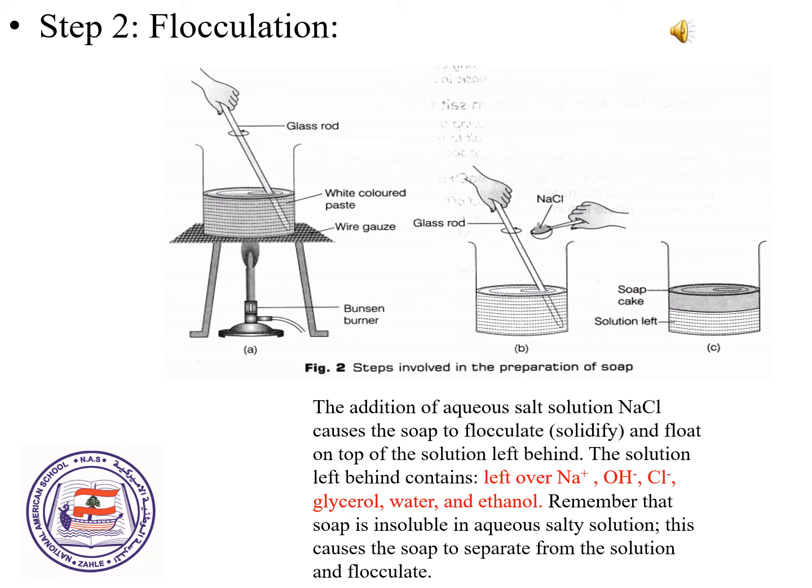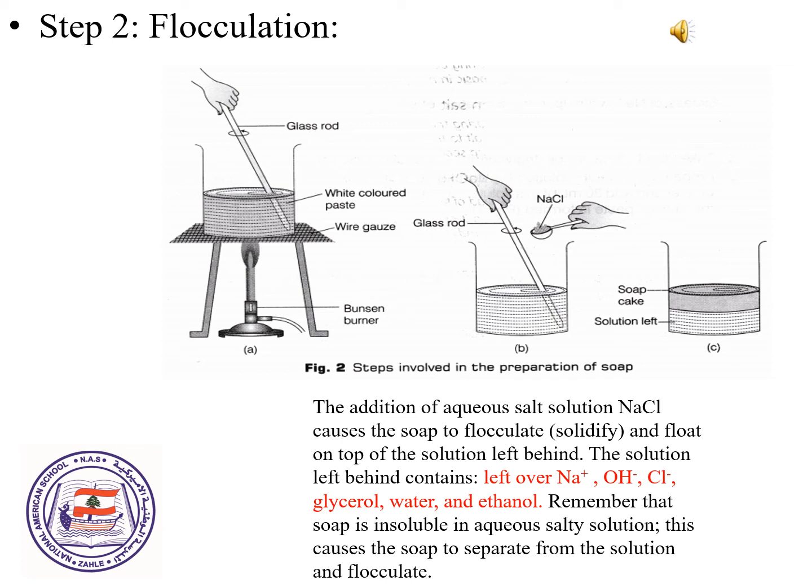Now the solution that is left behind contains leftover Na+, leftover OH- from the strong base, and of course Cl- from the NaCl, and we have glycerol left behind, and water, and also ethanol. Remember that the soap is insoluble in aqueous salty solution. This causes the soap to separate from the solution and flocculate.